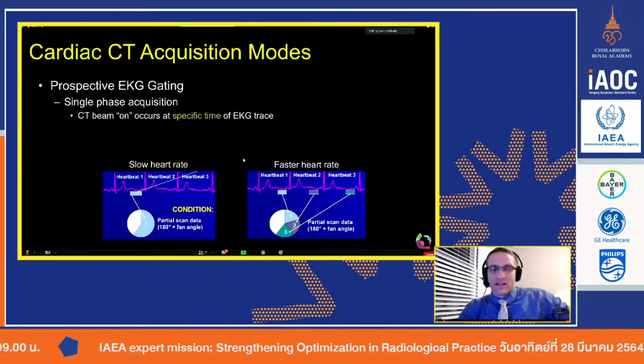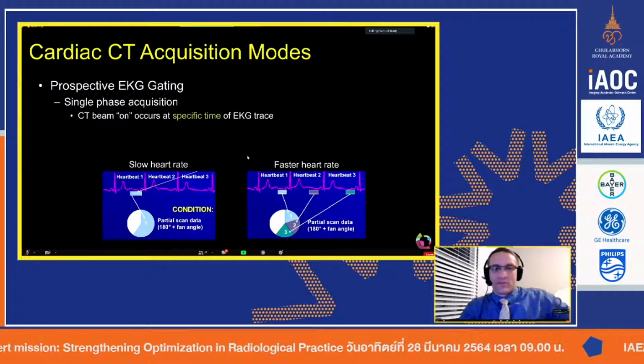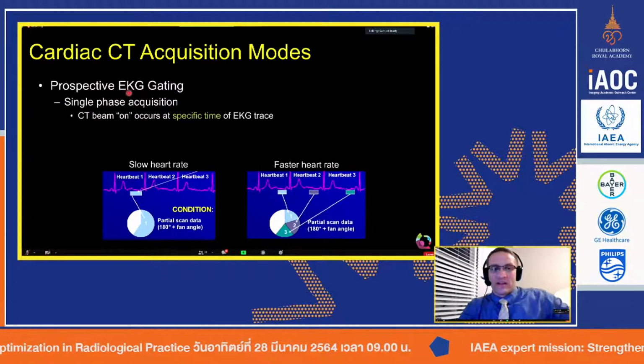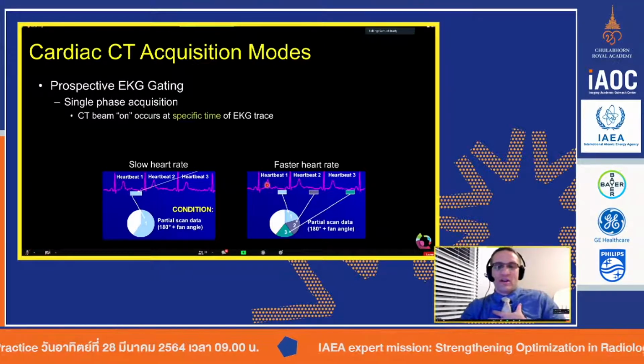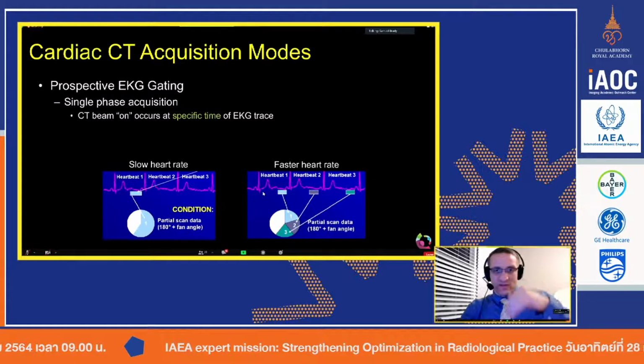So it's not necessarily that we're just going to sit and scan and scan and overexpose the patient. But if we use what's called prospective EKG gating, we hook up the patient, set up the EKG, so we're collecting the heart rate, the trace of the heartbeat.